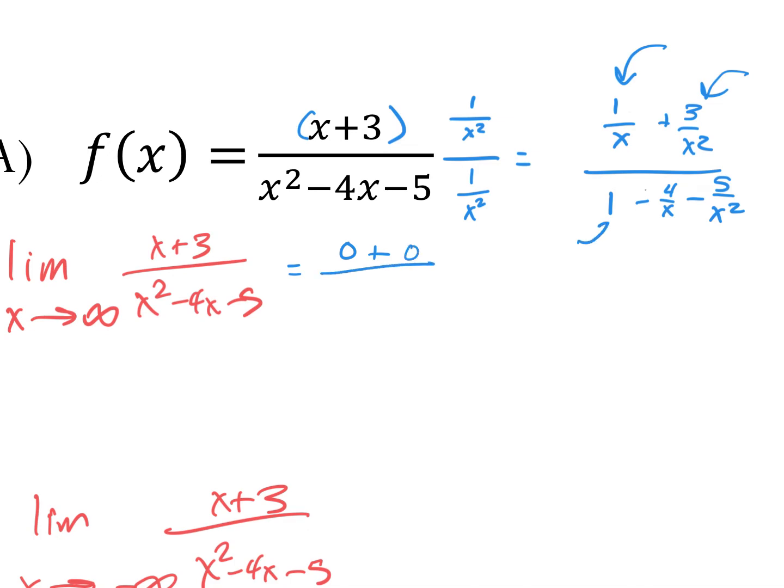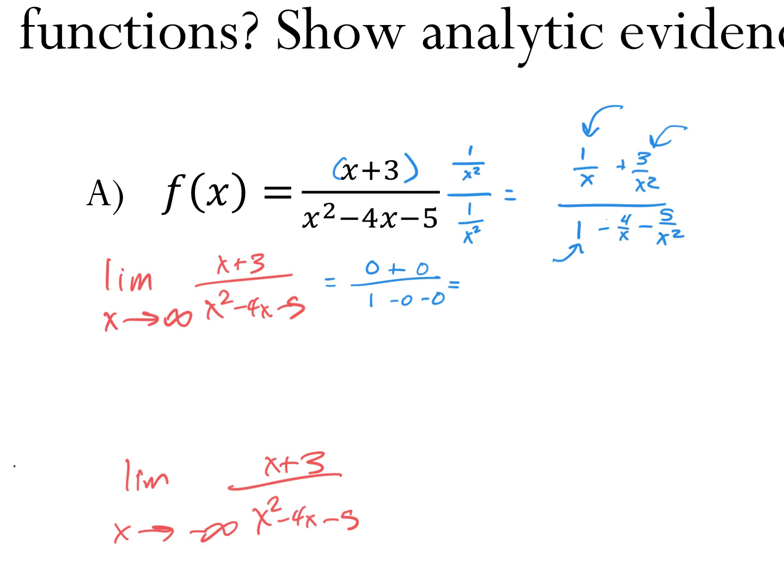What about the 1? It's going to stay 1. 4 over x is going to become 0, and 0. So what is that horizontal asymptote on the right here? 0. Yeah, 0 over 1, which is 0.